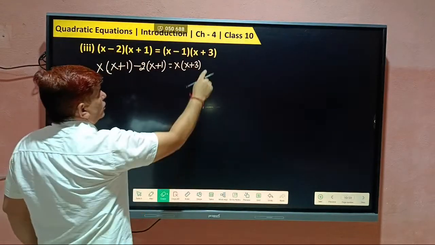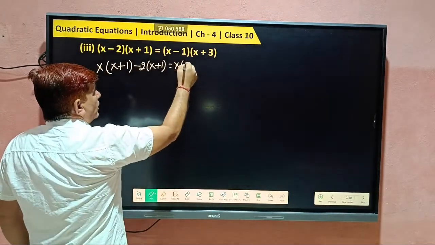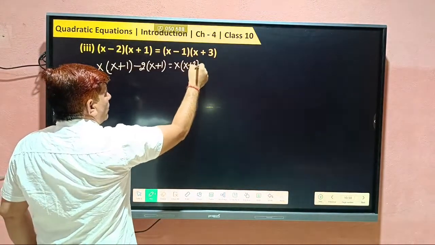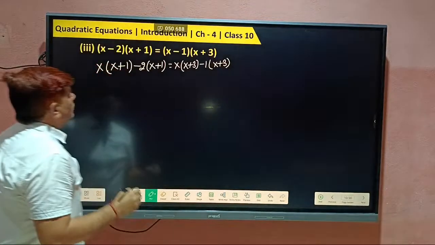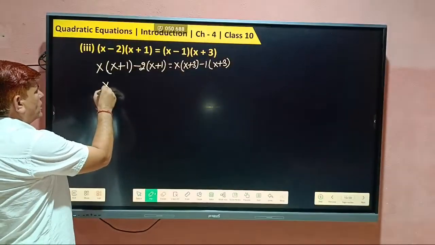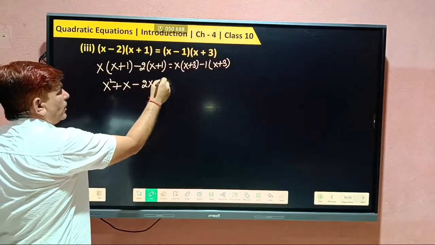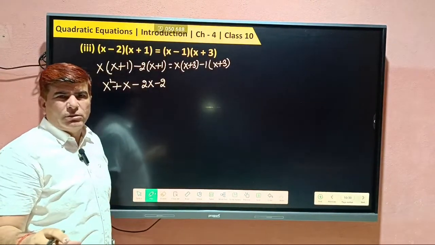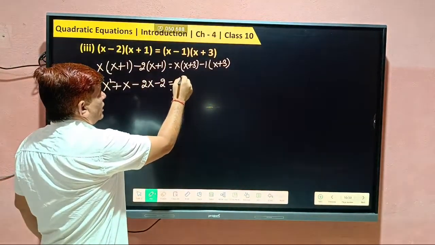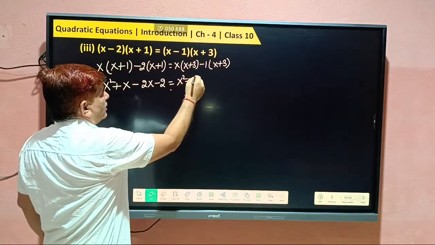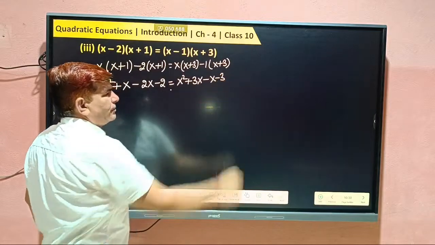Sorry, x + 3. Then −1, x + 3. Got it? So the multiplication gives x² + x − 2x − 2 = x² + 3x − x − 3.